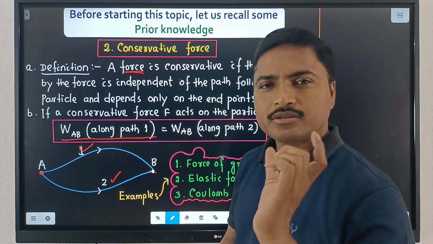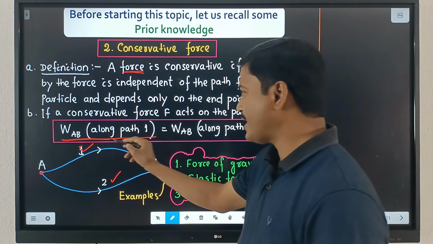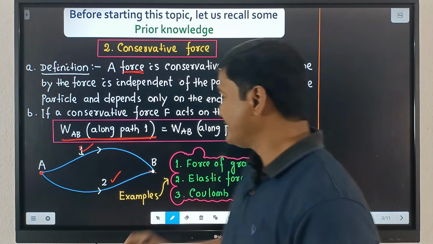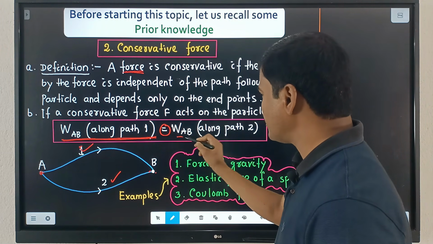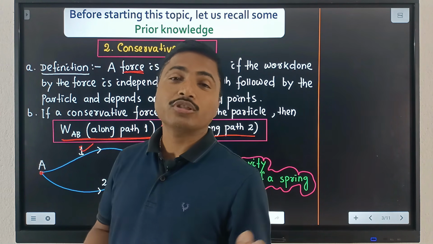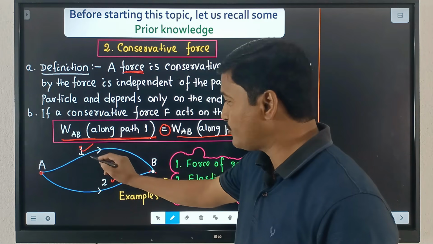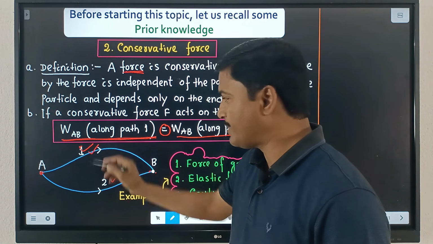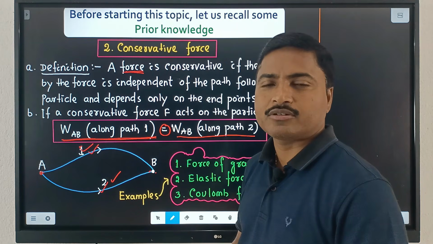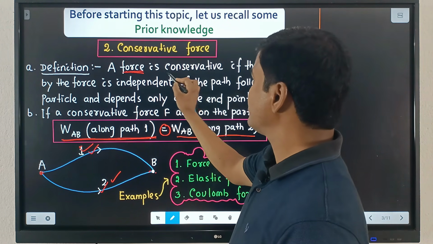Suppose the work done by the external force along path 1 is equal to the work done by the external force along path 2, both are the same. The same work is done when the body moves along path 1 and also along path 2. Then the force is known as conservative.